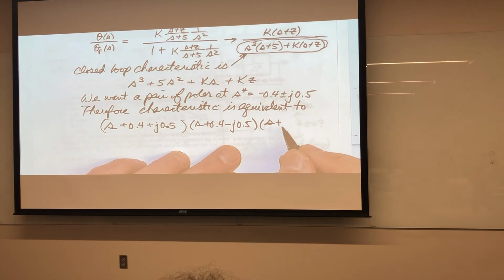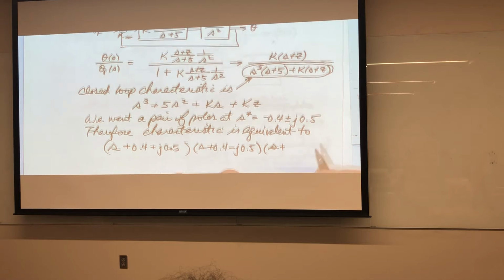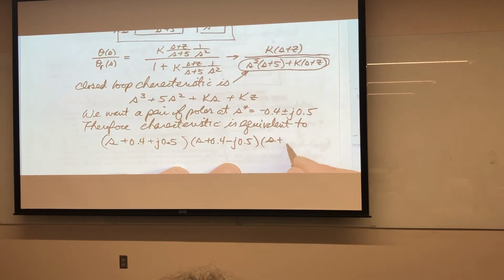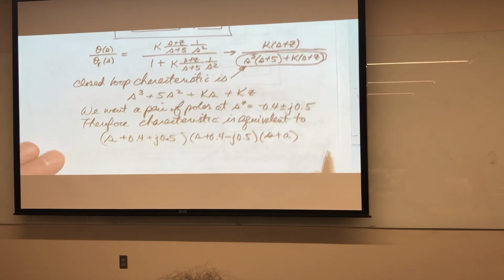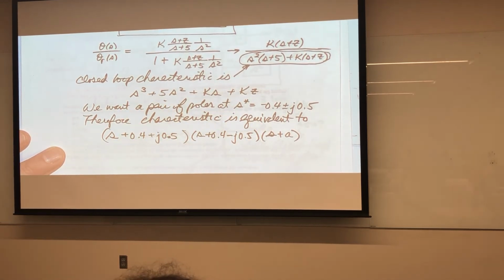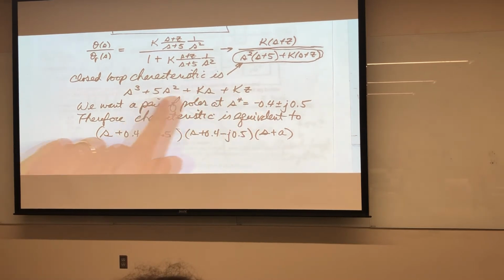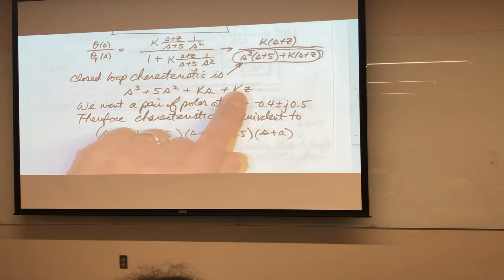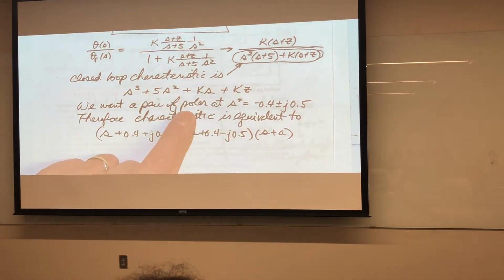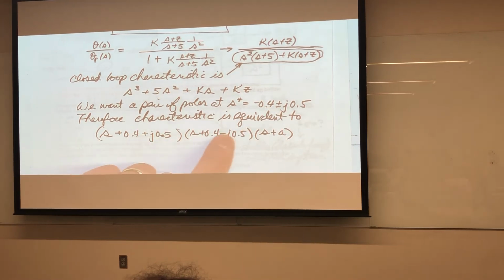Let me see. I need to pick a symbol that hasn't appeared yet in our work. Let's call it A. So that means all this must be equal to this. We have 3 poles. It's a third order system. It has 3 poles. For a second order approximation, we want a pair of poles like this, complex conjugate.